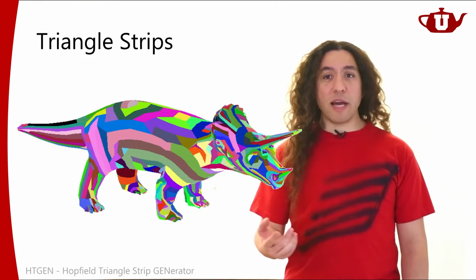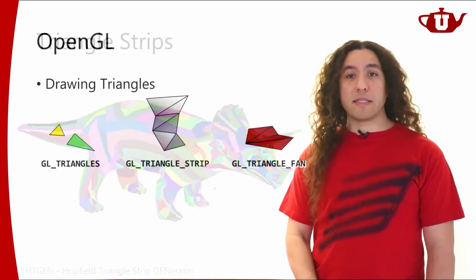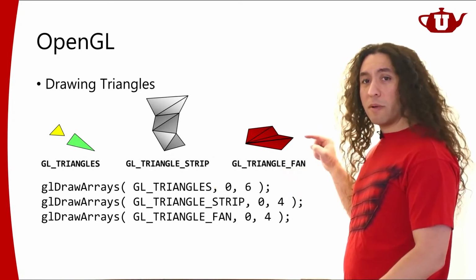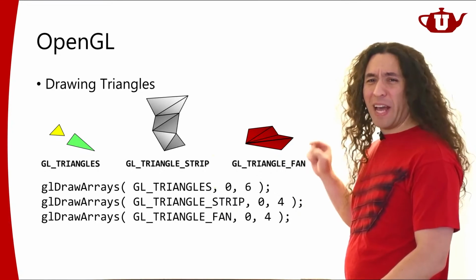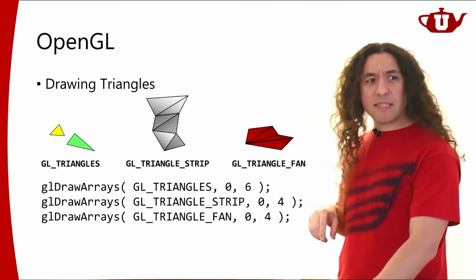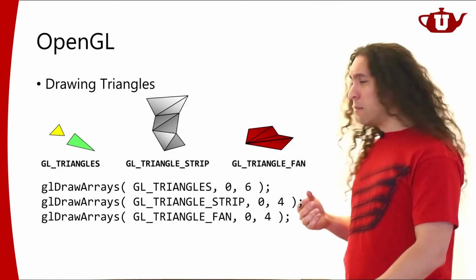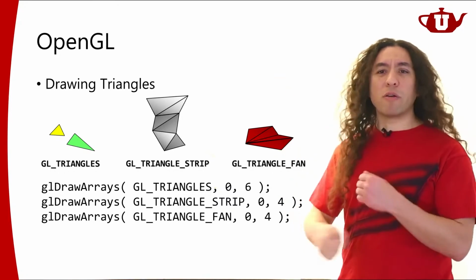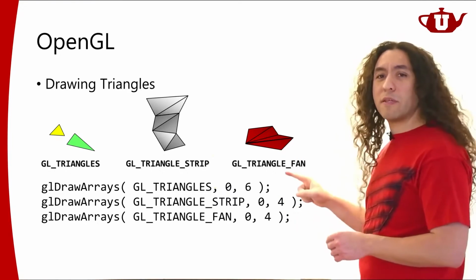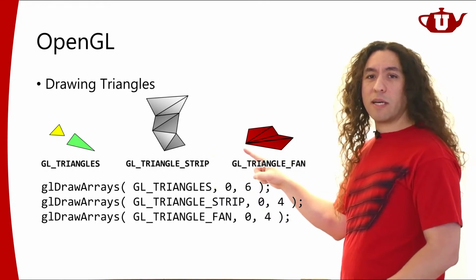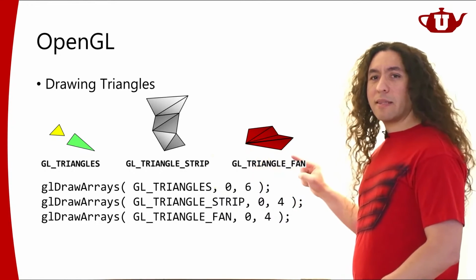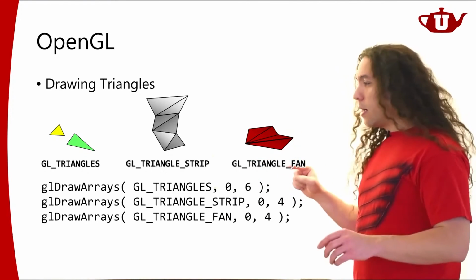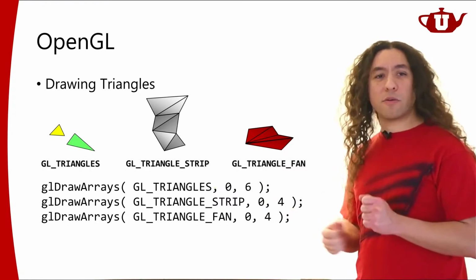Now, an obvious question, I think, at this point is, I could use GL draw arrays for drawing these strips. I could also do triangle fan, which is not as popularly used. Triangle fan is very much like the triangle strip, just the order in which you draw things will be different. So a triangle fan will start from one vertex, and then second vertex and third vertex will form a triangle, and next vertex will form a triangle with the first and the last two.